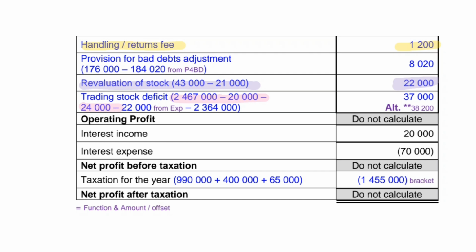And lastly, the stock that we used for demonstration, we decided to revalue it, and that resulted in a 22,000 rand loss of stock value. And now that you have the total amount, you subtract the one from the physical stock count, and this will give you a total trading stock deficit of 37,000 rand.